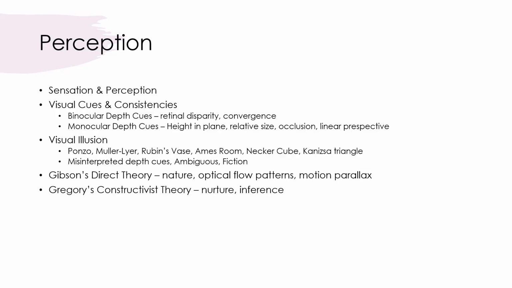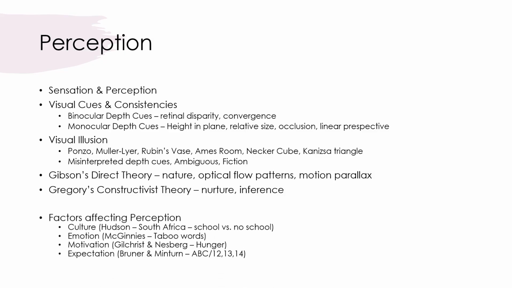That's a nurture approach. So Gregory suggested that actually we learn how to perceive, and that means that our experiences, our background, our culture will impact our ability to perceive the world, and we make inferences. So we make conclusions based on the information that's around us.